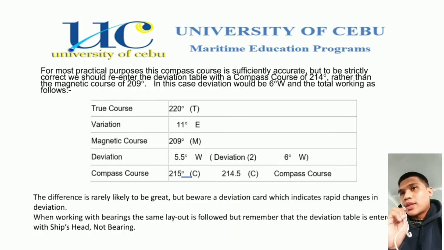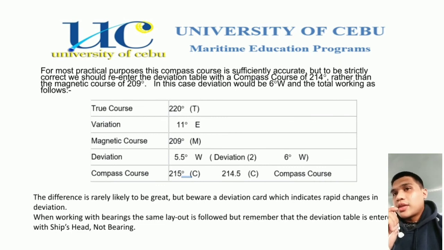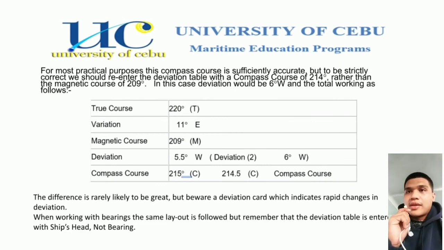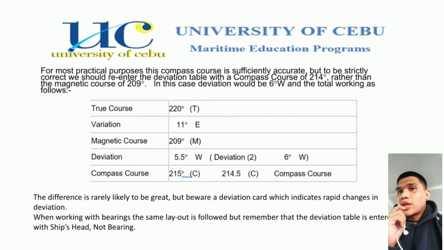For most practical purposes, this compass course is sufficiently accurate, but to be strictly correct, we should re-enter the deviation table with a compass course of 214 degrees rather than the magnetic course of 209 degrees. In this case, deviation should be 6 degrees west and the total working as follows.